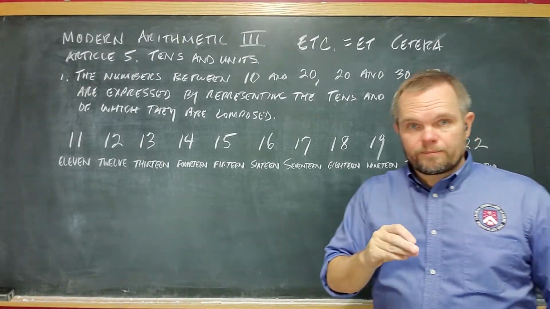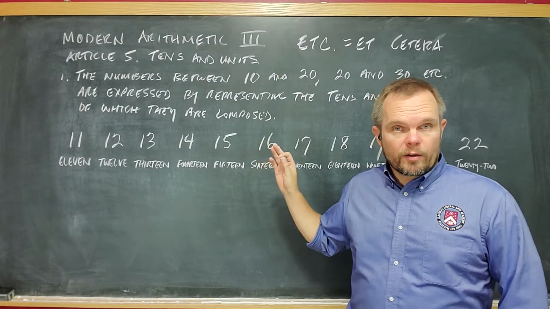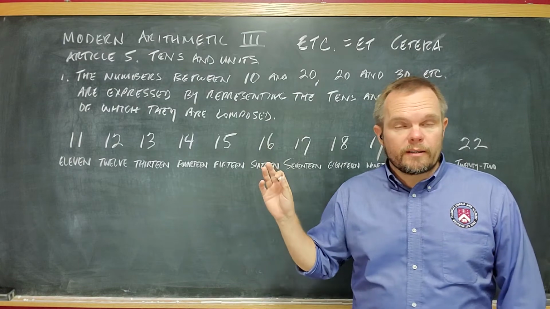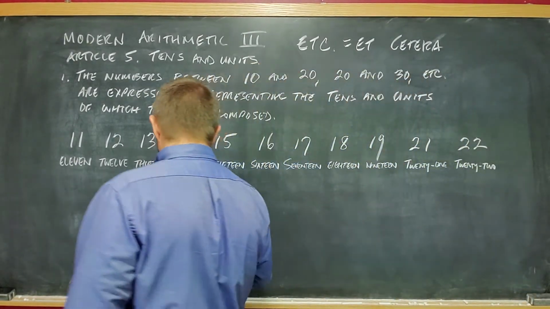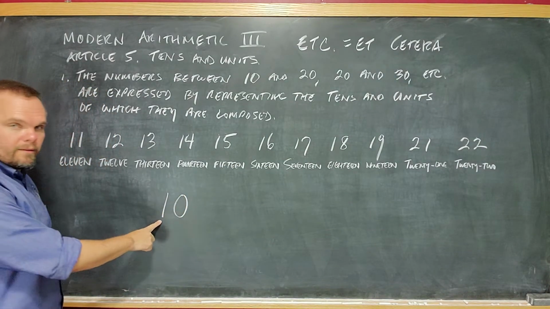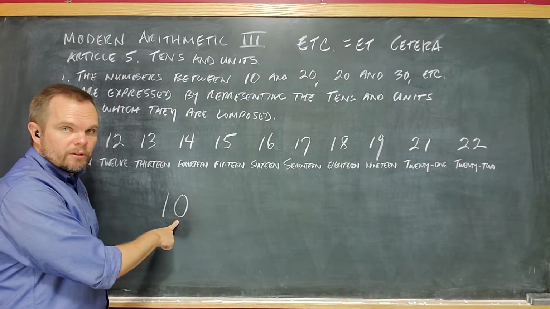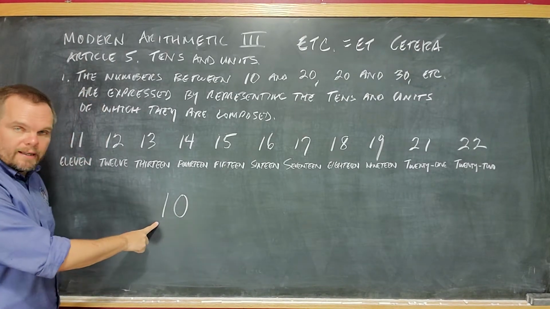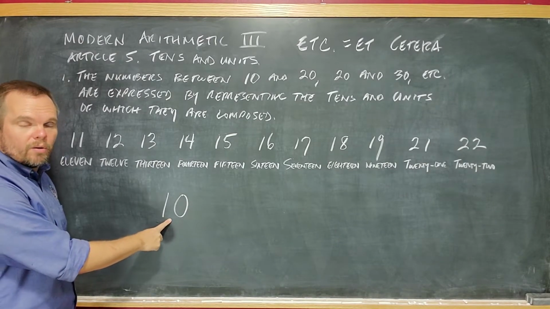We know how to write from 1 through 9, and in Article 4, we learned how to write the number 10. We wrote the number 10 by putting a 1 in the tens place and a 0 in the units place, because the number 10 has 1 ten and 0 units.